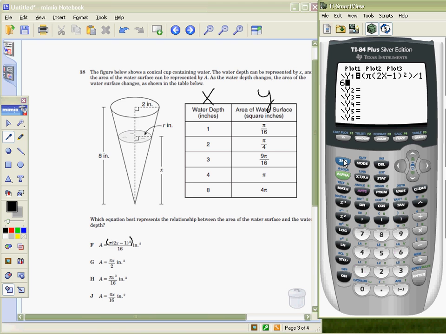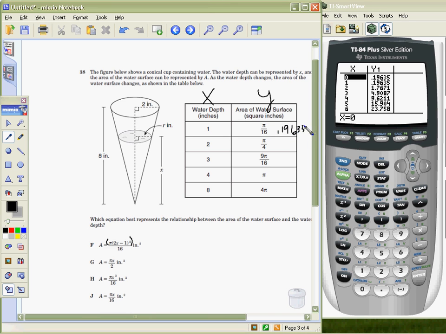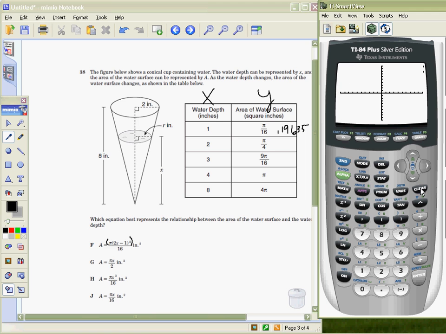So if I use my table here, and I just go second table, when x is 1, it tells me that y is 0.19635. So let's see what pi over 16 is. Is it 0.19635? Pi divided by 16 is 0.19635.